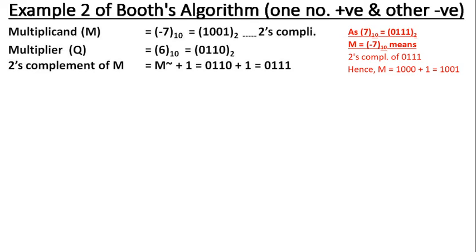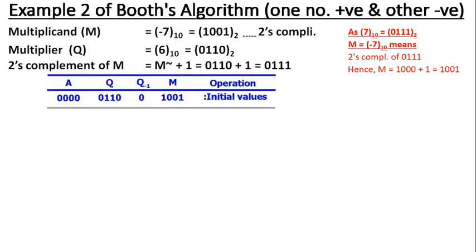But henceforth in the calculation you should not be confused that multiplicand M is minus 7, which is equal to 1001, and 2's complement of M is 0111. Not to be confused at all. And then we carry out this Booth's multiplication in iteration by iteration manner, step by step.